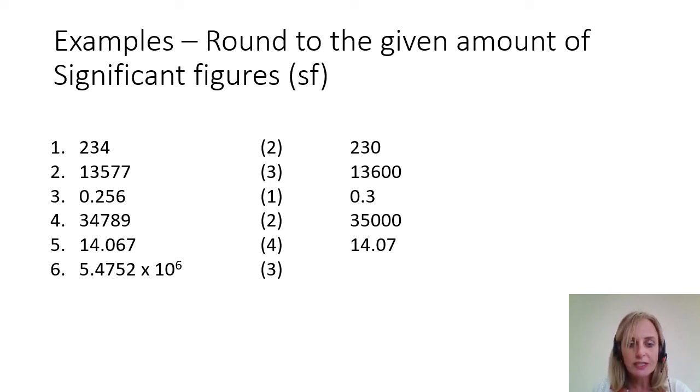So we want 3 significant figures here. So exactly the same process. The 5, the 4 and the 7. We want those first 3 digits to be our significant figures, and then we can cut off, because it's a decimal, after that. But it's a 5, the first value that we're cutting off, so it tells us that 7 is going to be rounded to an 8. So our number is 5.48 times 10 to the power 6.